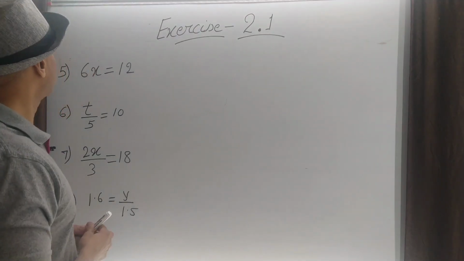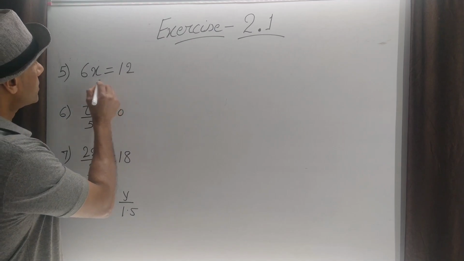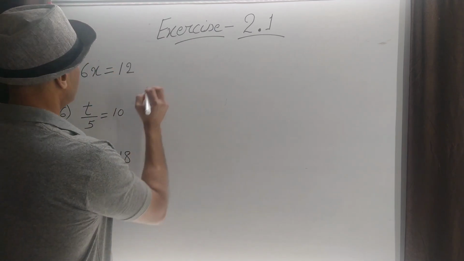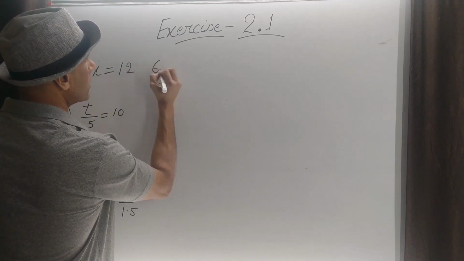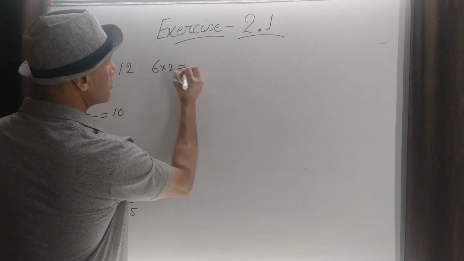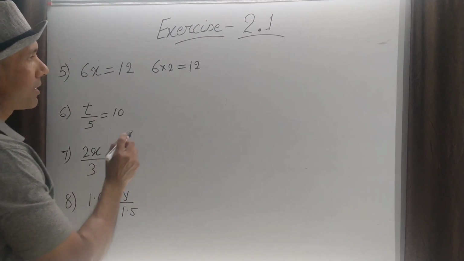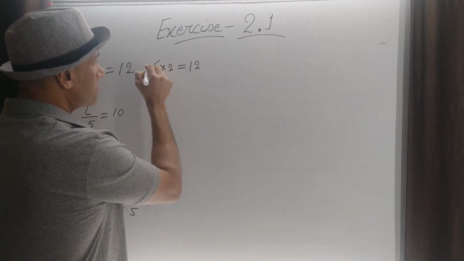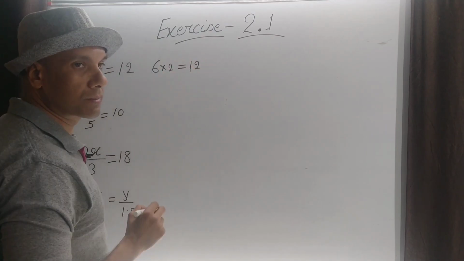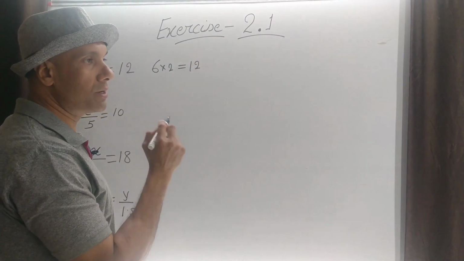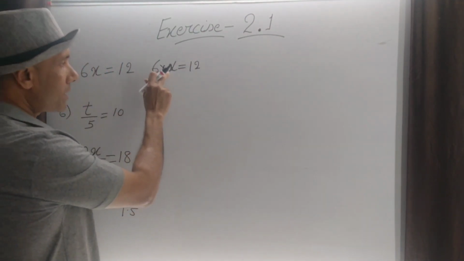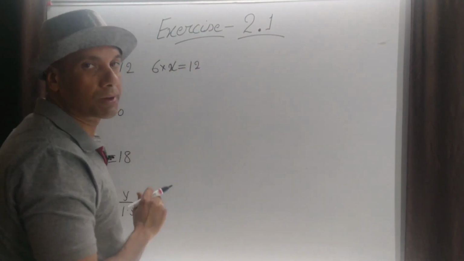Moving on to the next question. Equation is 6x is equal to 12. So here 6x can be written as 6 into x is equal to 12, right? As I told, while you transpose, the number changes its sign. So any number which is multiplied with another number, it gets divided on the other side.